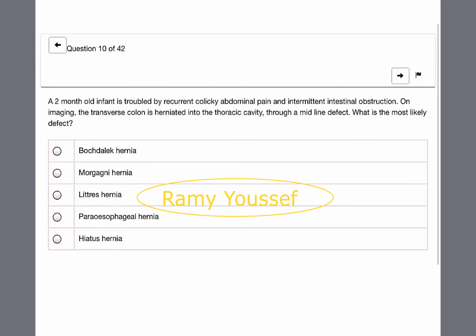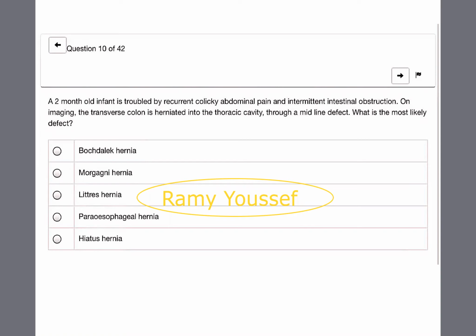Which has Morgagni and Bochdalek. I think the central is Bochdalek. Why is it central? Because it's the biggest, and the marginal is quite small.